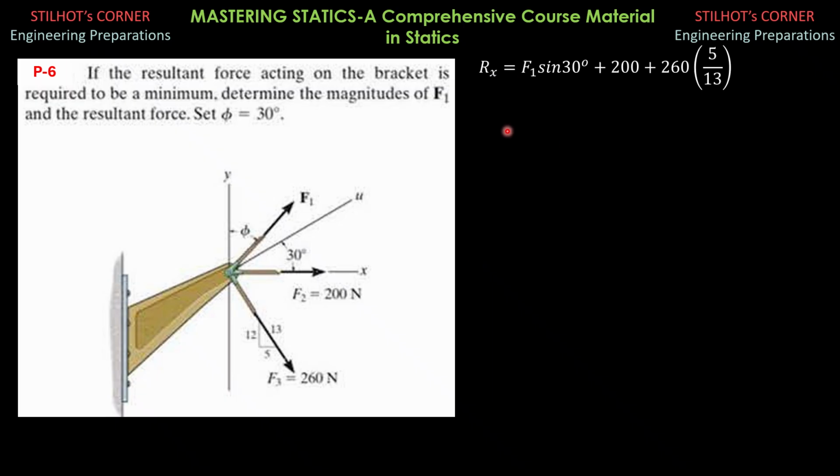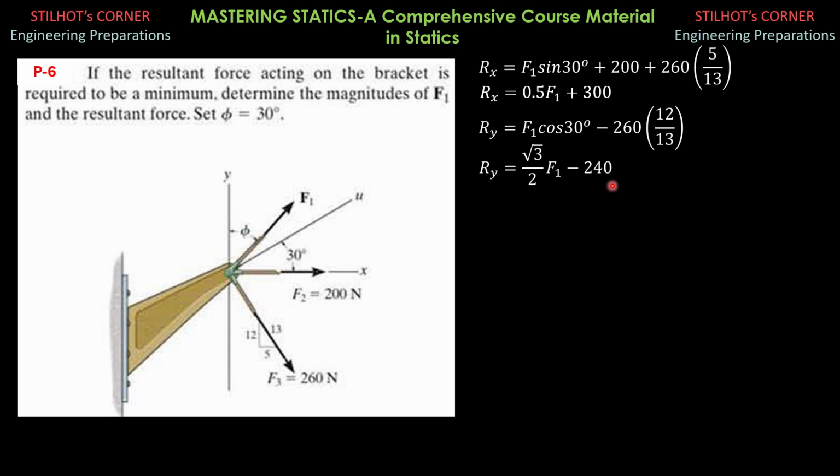So simplifying, Rx equals 0.5 F1 plus 300. Ry, on the other hand, is F1 cosine of 30, then minus 260 times 12 over 13. Note that 200 has no y component. Simplifying, Ry equals square root of 3 over 2 F1 minus 240.